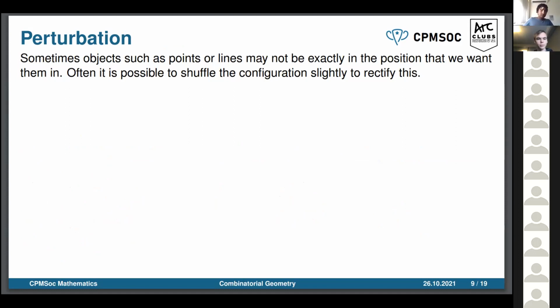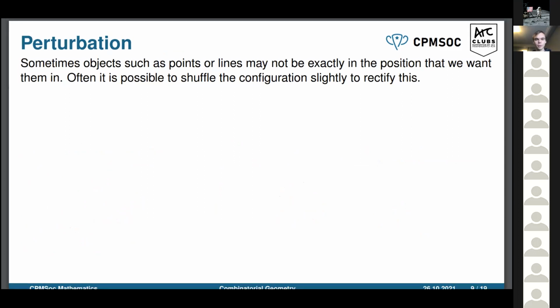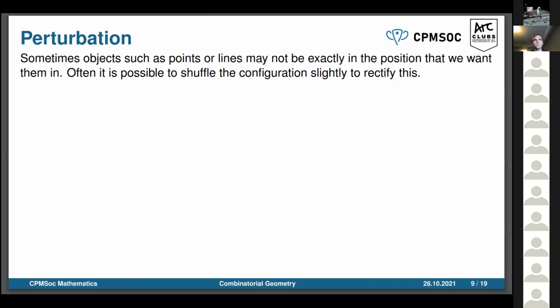Yeah, so we've gone through a few techniques. All of these techniques are pretty different. The idea with perturbation is that you have some configuration of points. It's an interplay between some finite configuration of a finite number of points, lines, whatever, and also the fact that the plane has infinitely many lines, infinitely many points.